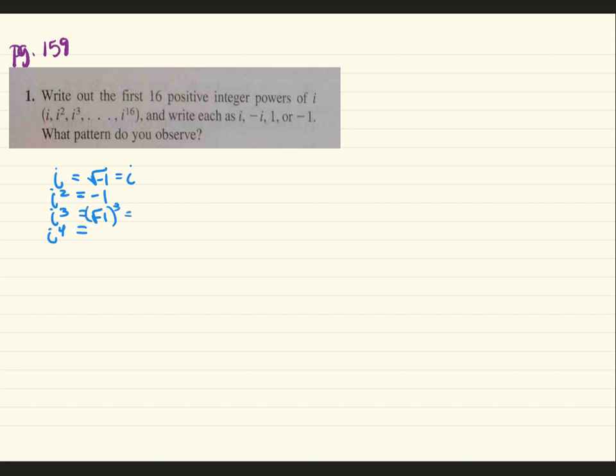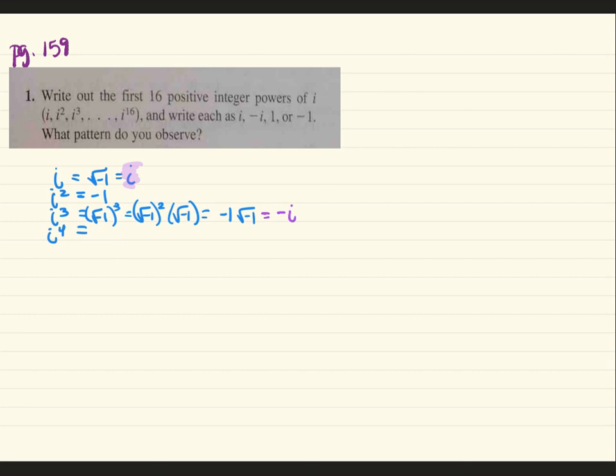Okay, so if I do that, I get the same thing as the square root of -1 squared times the square root of -1. So that gives you -1 times the square root of -1. Well, the square root of -1 we have determined is I. So anytime that appears in our work, we'll just rewrite that as I. So -1 times I would be -I.